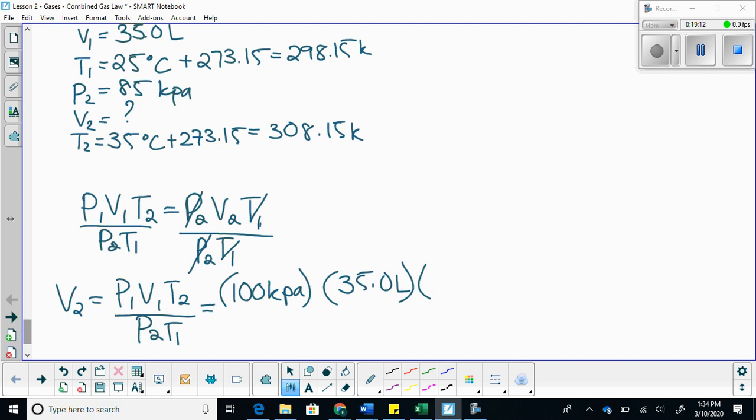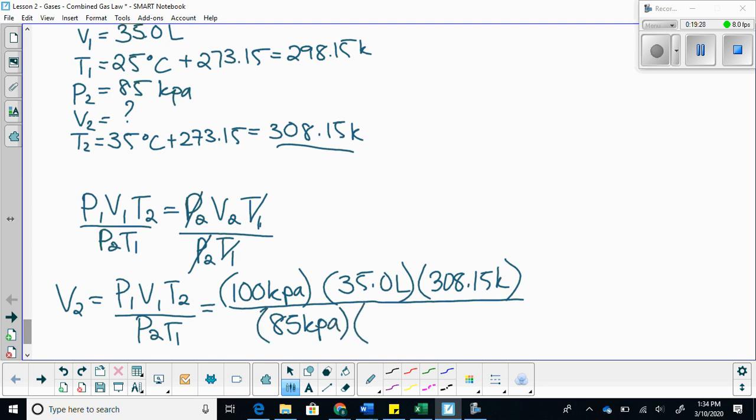So make sure you are subbing in T2, 308.15 Kelvin. Okay, P2 is 85 kilopascals. And then you are doing T1, another place where a big mistake is made. Make sure you are appropriately reading what variable is needed.